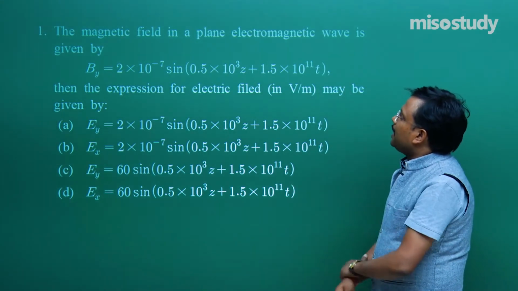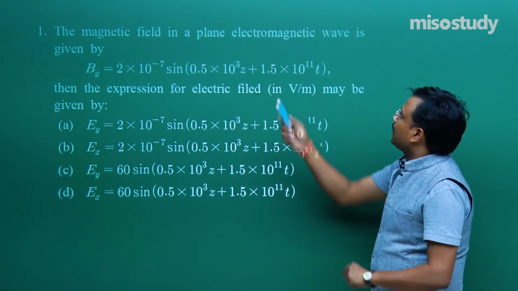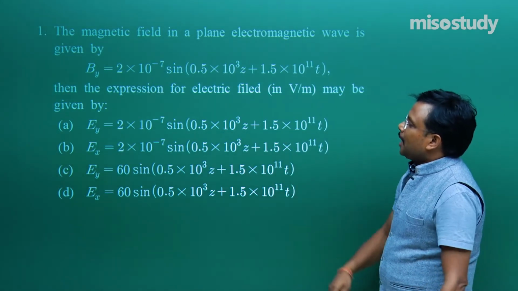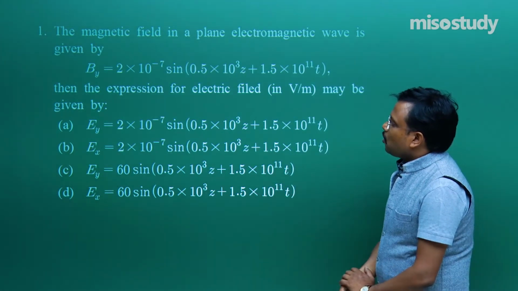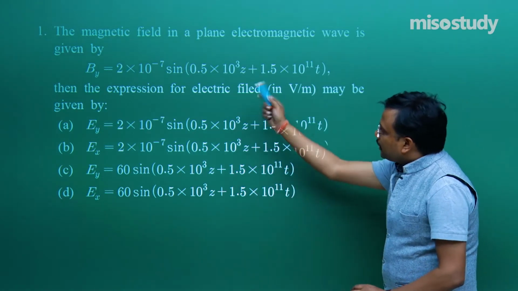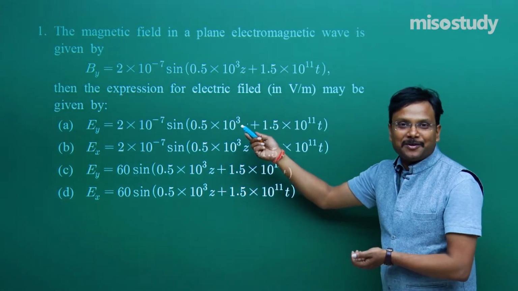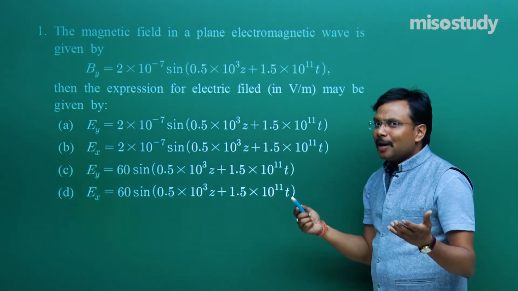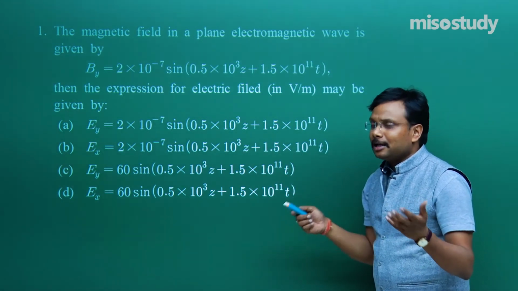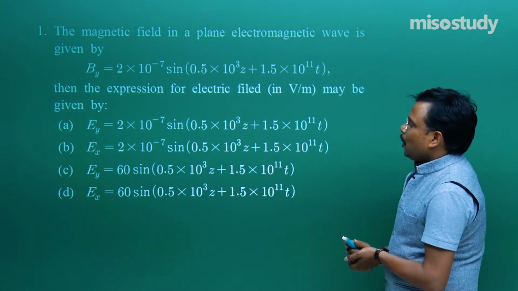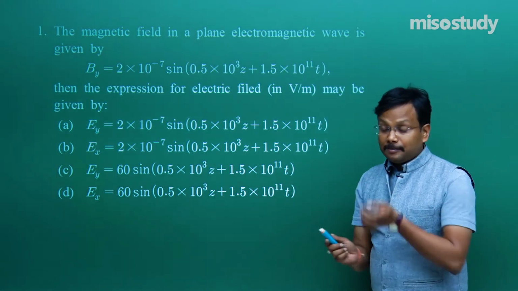The magnetic field in a plane EM wave, electromagnetic wave, is given by B equals B naught sin(kz plus omega t). I am just mentioning the standard equation so that you can visualize the ideal equation. Now you have to find the electric field.